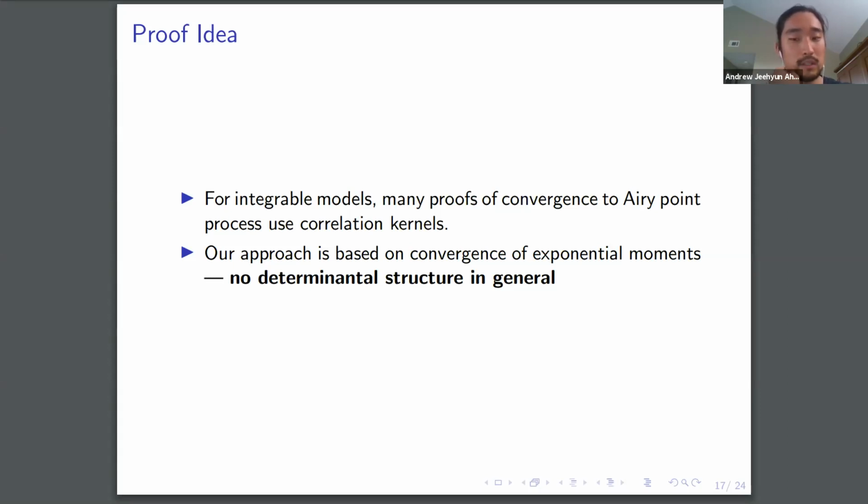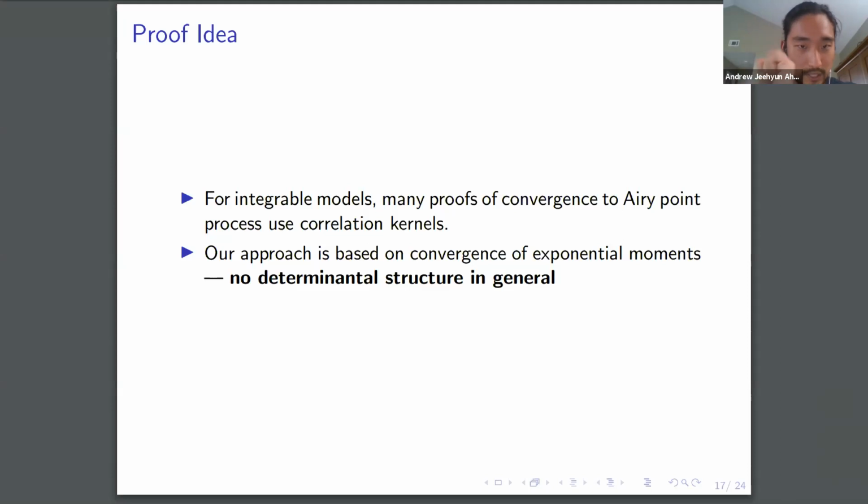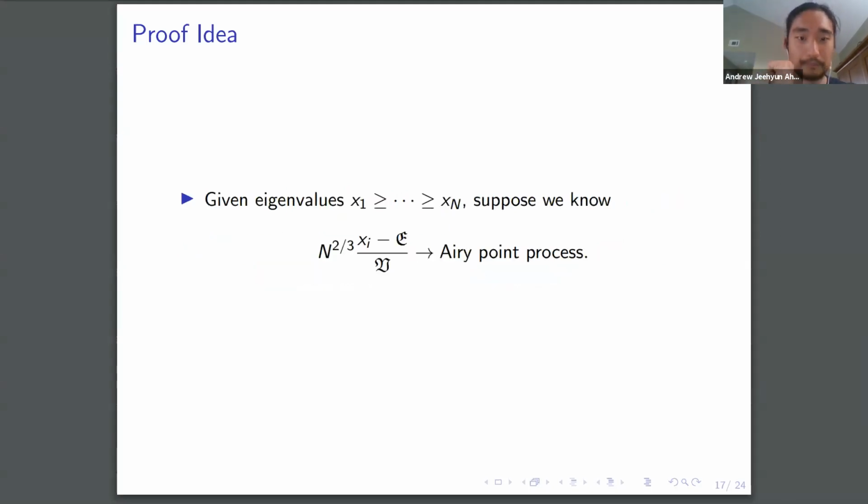What we'll use is an approach based on showing convergence of these exponential moments. So let me outline that a little more. Suppose you have eigenvalues x_1 through x_n. And let's say, I know this is a bit backwards, that we know we have convergence to the Airy point process.